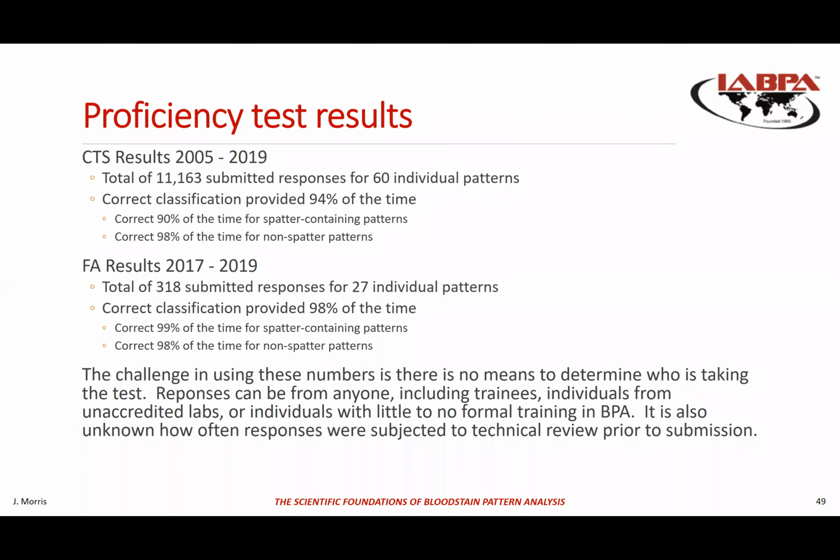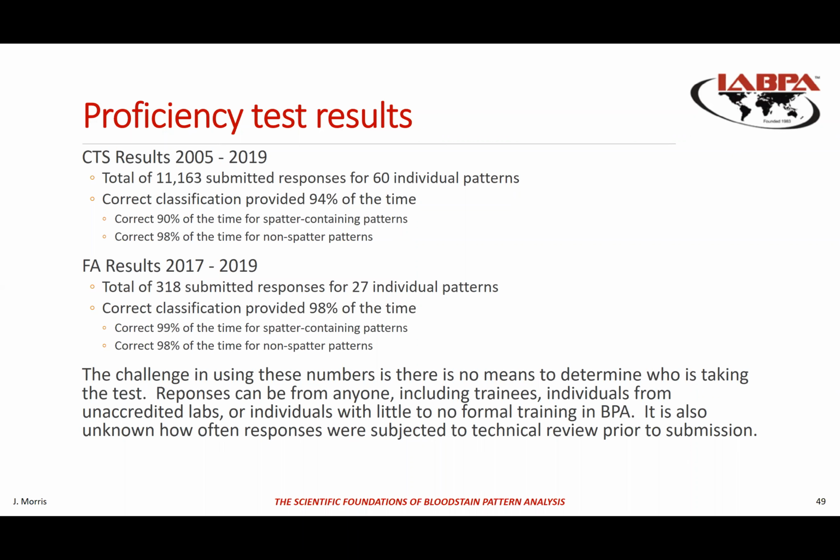Forensic Assurance is a newer company that has been issuing a proficiency test. We have 3 years' worth of data, 300 respondents, and the results are similar. The correct classification was provided 98% of the time. And the spatter and non-spatter classifications are very similar.